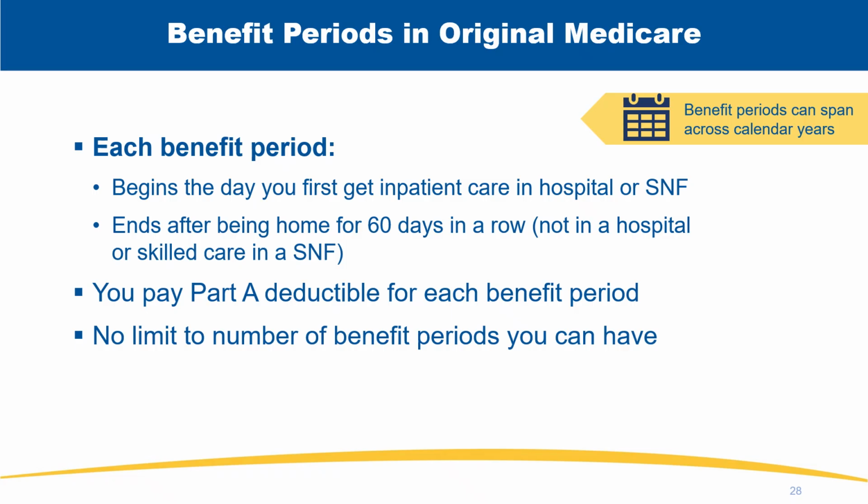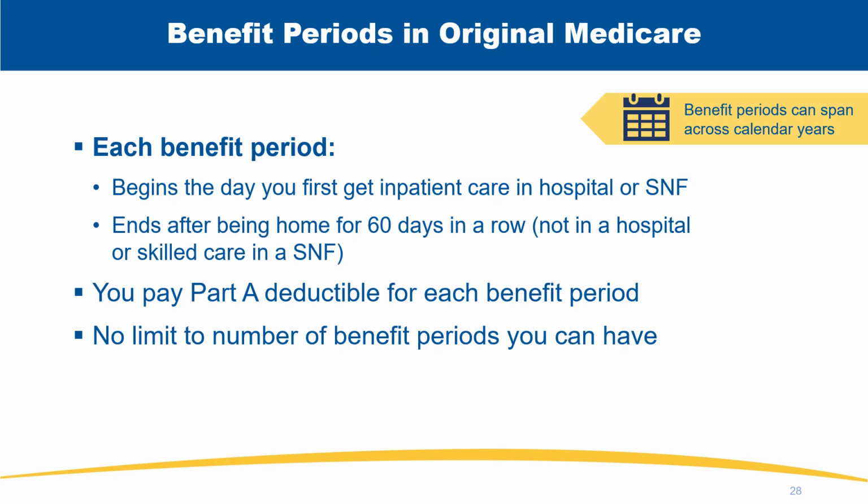So, for example, if you go into the hospital, you're admitted, you're there for about 10 days. You pay your deductible in the beginning of the period, and then you're there for 10 days. You go home at day 15. Let's say you go back to the hospital 2 days later. You're 17 days into the benefit period.